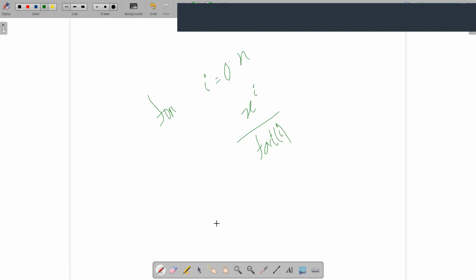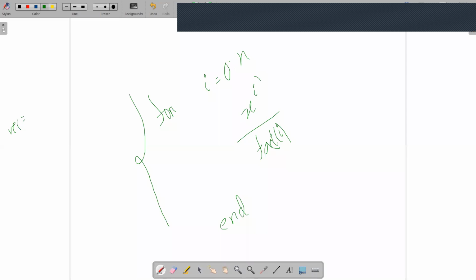Achha, so this is what I was doing. I was calculating, for each term, x to the power i divided by factorial of i, up to n. This was our for loop, and I was doing that for all the terms. But now, what you can do is, I have a vector initially.